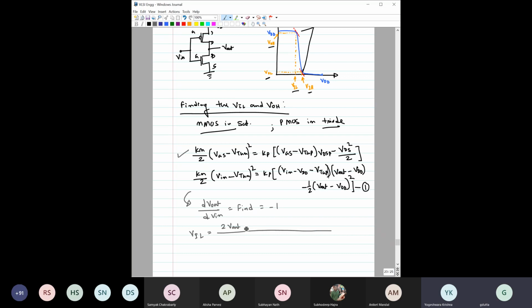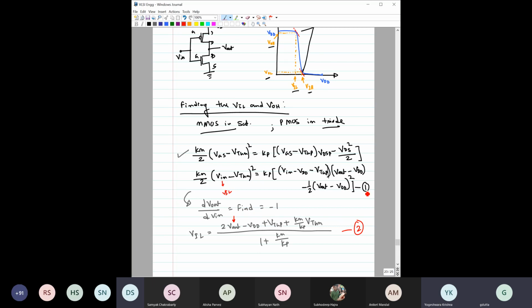This V out minus VDD plus VTHP plus KN by KP times VTHN, over 1 plus Kn by Kp. Now you see this equation and this equation. In this VIL equation, you have V out, and here you have V in. So V in is basically VIL.